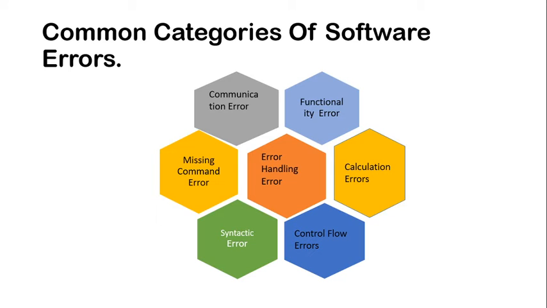If the user clicks on save and close, the user information in the form should be saved and the form should get closed. If the user presses the cancel button, then the form will close, but it does not save any information in the form. So that is the control flow error.